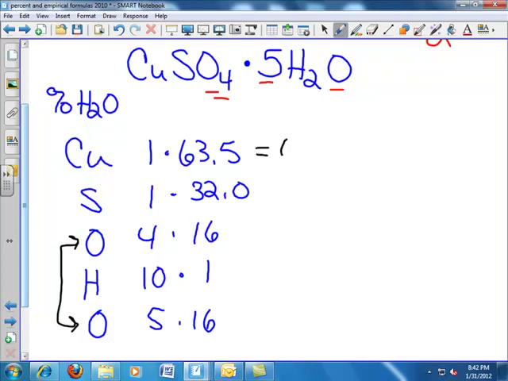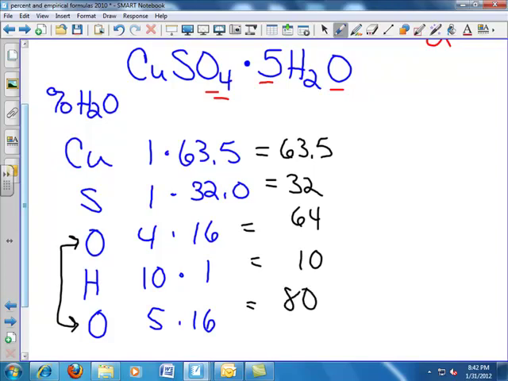So, mass-wise, I have 63.5, I have 32, I have 64, I have 10, and 5 times 16 is 80. Okay, so I can add all these up, and I can find my total molar mass is 249.5, and all of this was still grams per mole. I just got lazy.